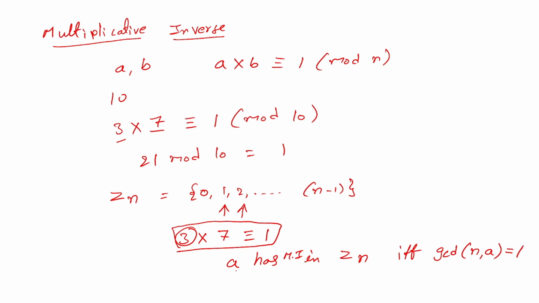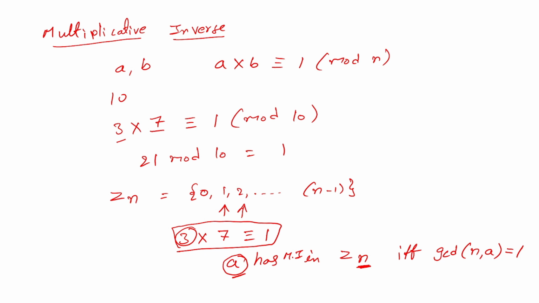Okay, how can you say that A has a multiplicative inverse? If GCD of n and A is equal to 1, then we can say that A has a multiplicative inverse.